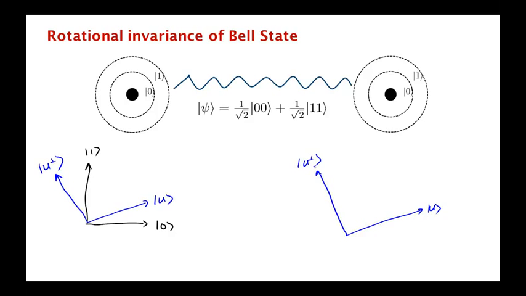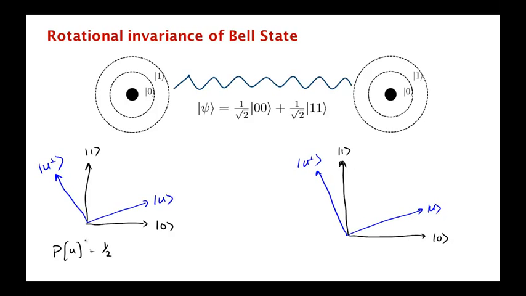Okay? The remarkable fact is that if we carry out this measurement, first of all, we'll see u or u perp with equal probability, with 50-50 probability. So the probability that the outcome is u is 1/2. Probability it is u perp is also 1/2.